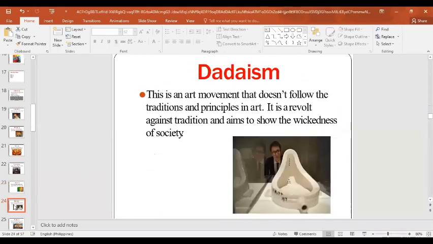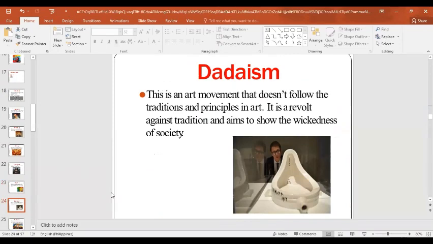So next, we have Dadaism. Coming from the word Dada, yung Dada ay French word meaning hobby horse. This is an art movement that doesn't follow the traditions and principles in art. It is a revolt against tradition and aims to show the wickedness of society.